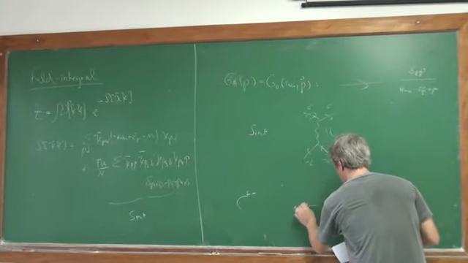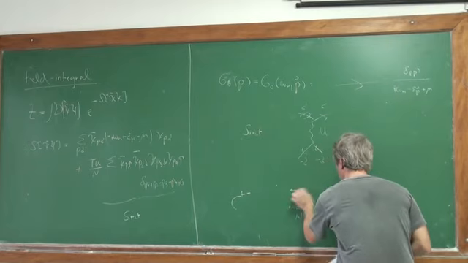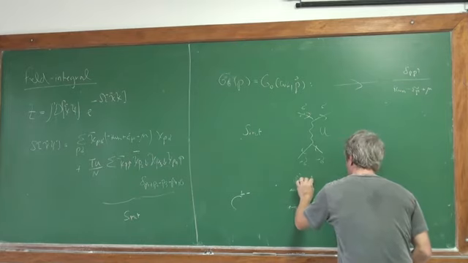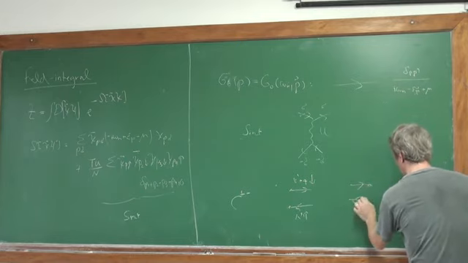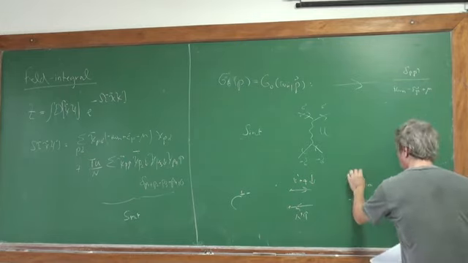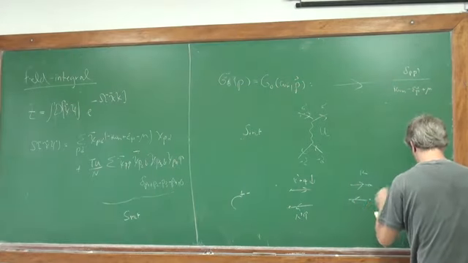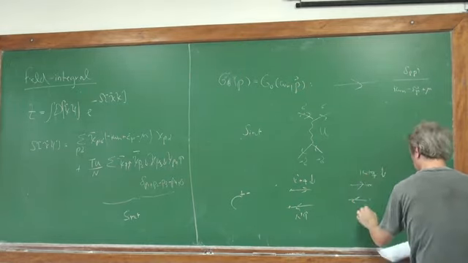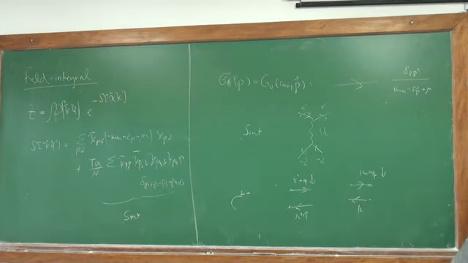K prime up, k prime plus q down, and here going out, k plus q down.